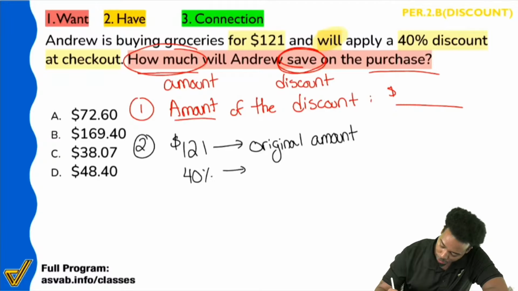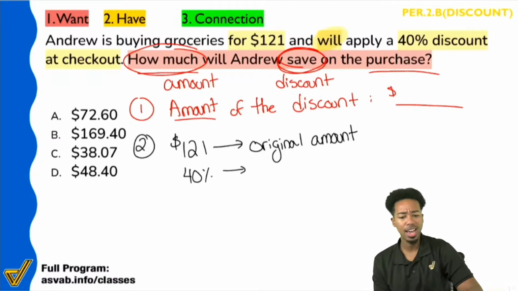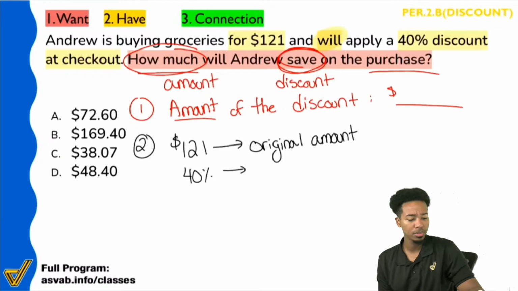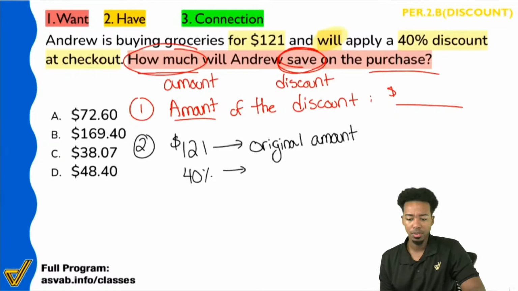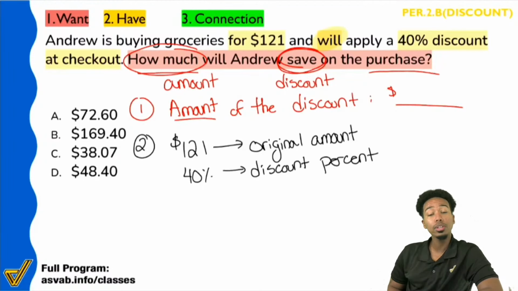So let's write down that 40%, everybody. The 40%, what does that represent? Is that a tax or a discount? Right, that's a discount. Sounds good. So everyone, let's go ahead and get back to the connection here.